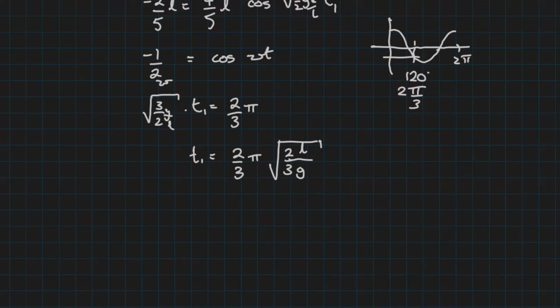Is it worth trying to turn it into anything nicer? 8/27. If I remember right, I think they leave that in their answers in this form. But that's only the first phase.